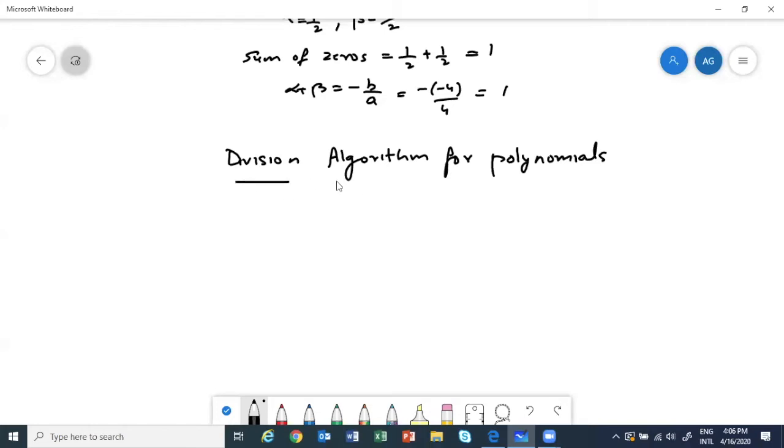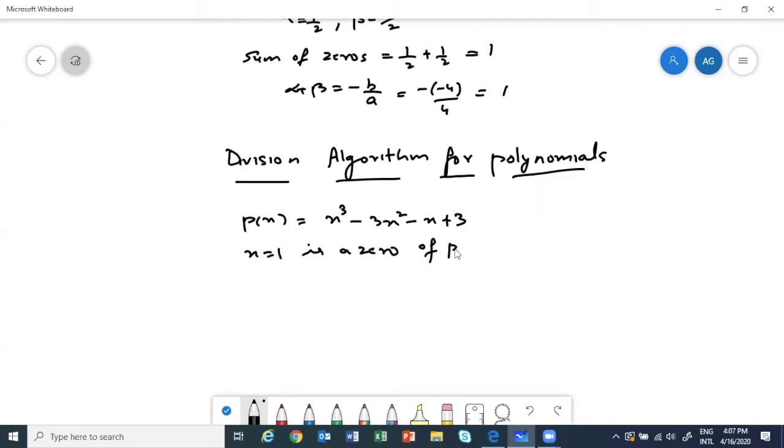Okay, in 9th standard you did that. Let me take one example and show you. Now suppose p of x is equal to x cube minus 3x square minus x plus 3. And I'm telling you that x equal to 1 is a zero of p of x. You have to factorize this one and find the other zeros.